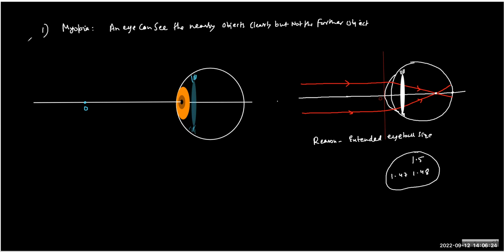And if you compare the aqueous with the vitreous, it is almost similar. So we have the sclera, we have the cornea, fine. Interesting stuff.